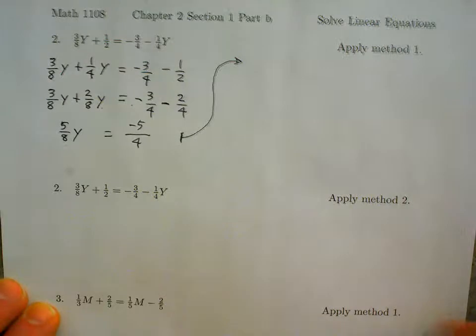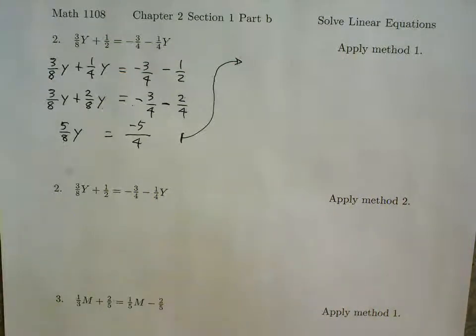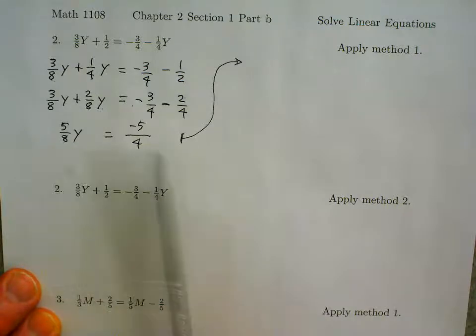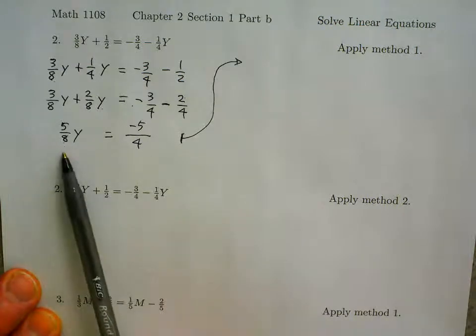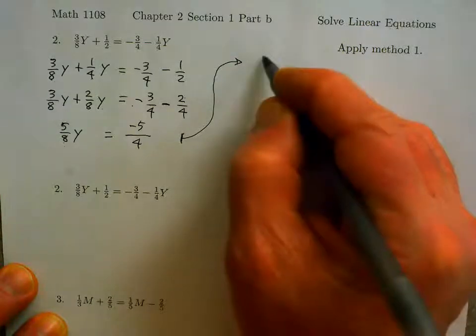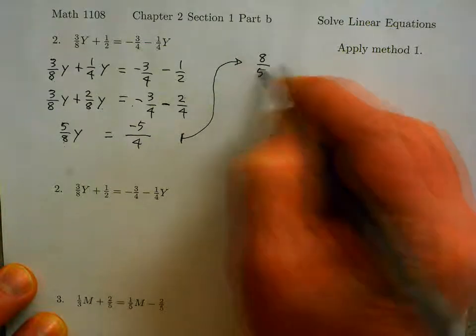You might remember, if you multiply a non-zero number by its reciprocal, you get a product of +1. So that's the motivation for multiplying both sides of this equation by the reciprocal of 5/8. The reciprocal of 5/8 is 8/5. Okay, so we'll multiply both sides by 8/5.